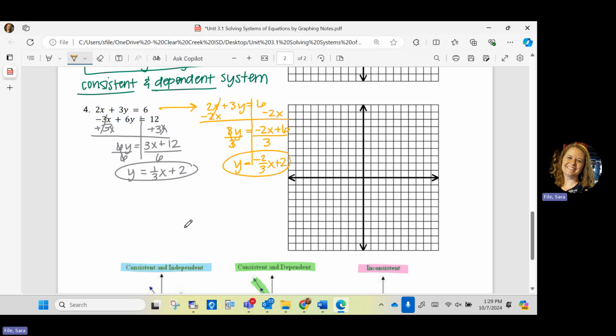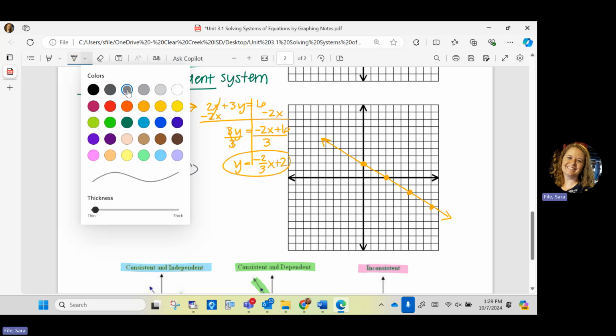So the yellow one, it said 2 and then negative 2/3. So down 2, right 3. So you get yourself a handful of points and get that line graphed.